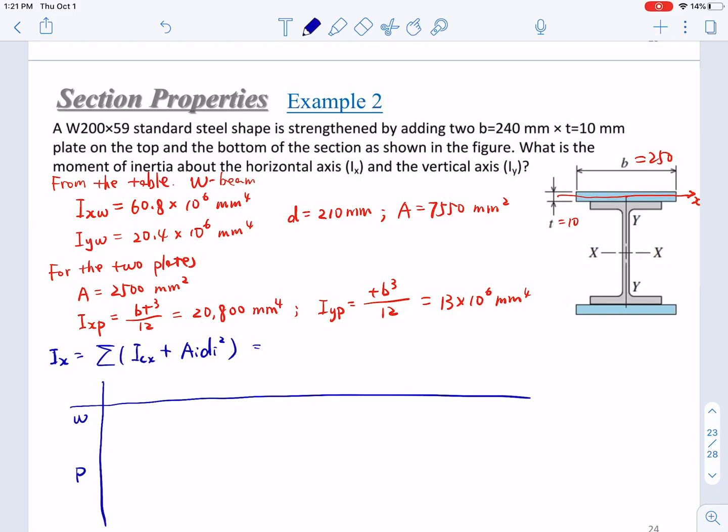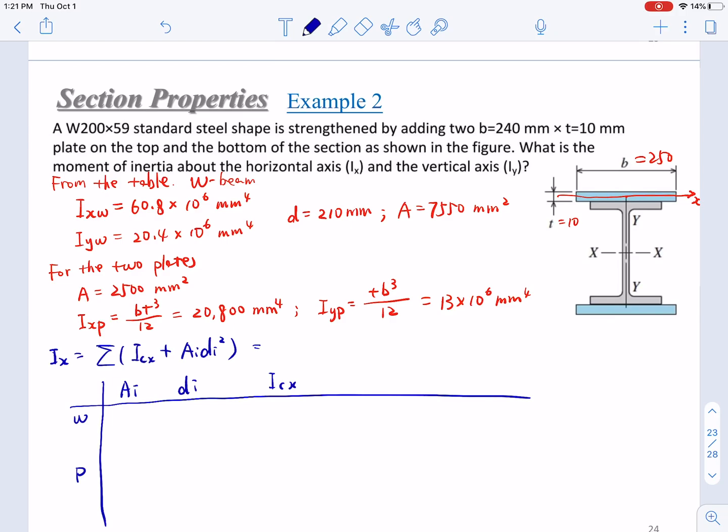We have these two subsections, 2 plates. We calculate one, then multiply it by 2, it will be fine. Here we will need A_i, d_i, and ICX.